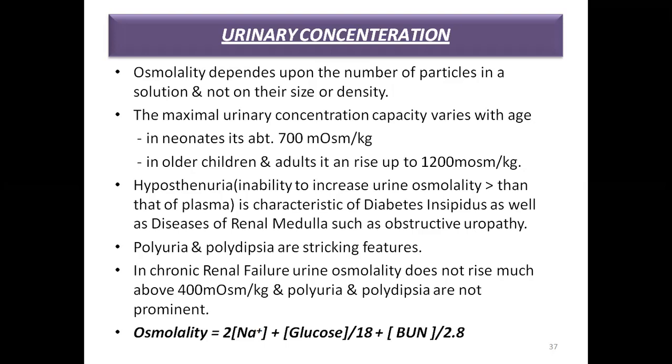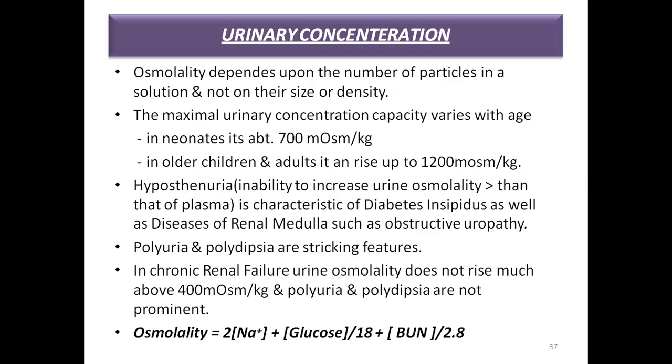The maximum urinary concentration capacity varies with age. In neonates, it's around 700 milliosmoles per kg, whereas in older children and adults, it can rise up to 1200 milliosmoles per kg. Now there is this condition, hyposthenuria.